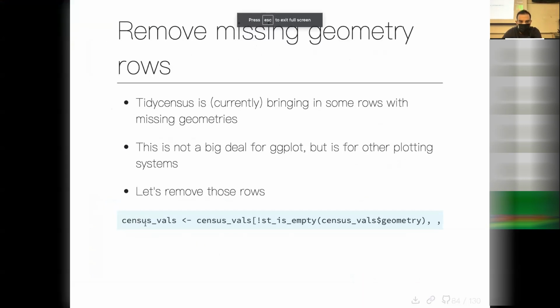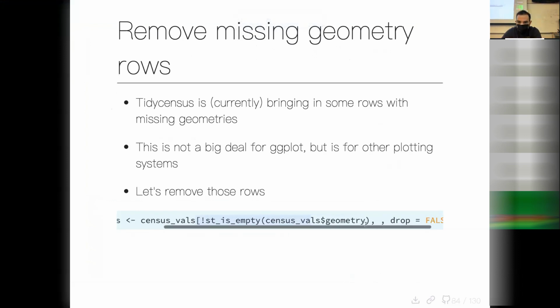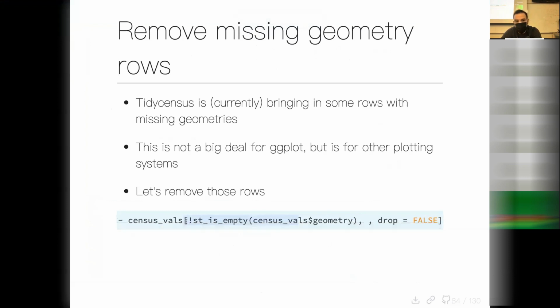Census vals, that's the thing that we called it, right? And I'm just going to use the brackets. Oh, shoot, this is going off the screen. So the brackets, and then you go not st_is_empty, give it the geometry, and then you go comma, comma, drop equals false.